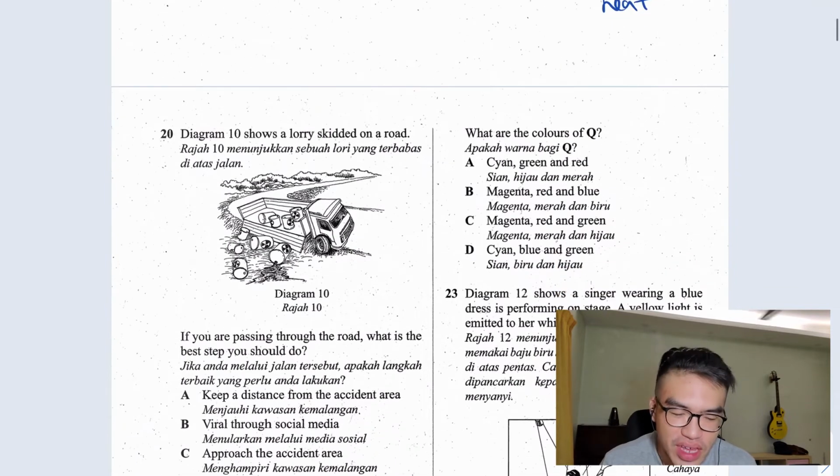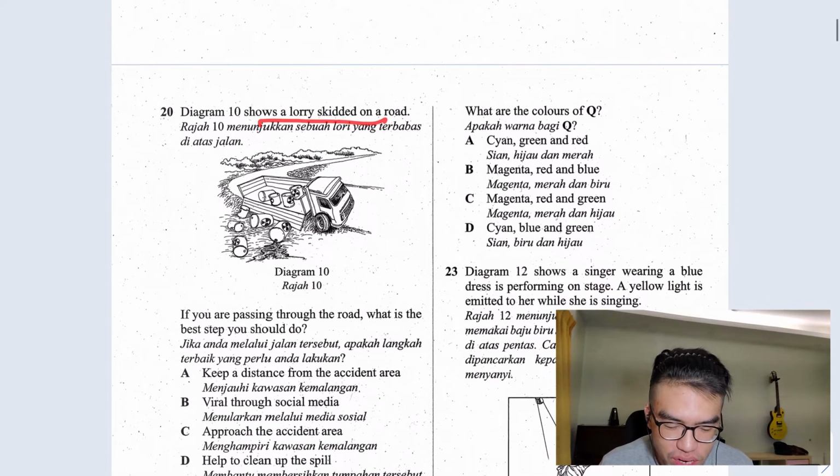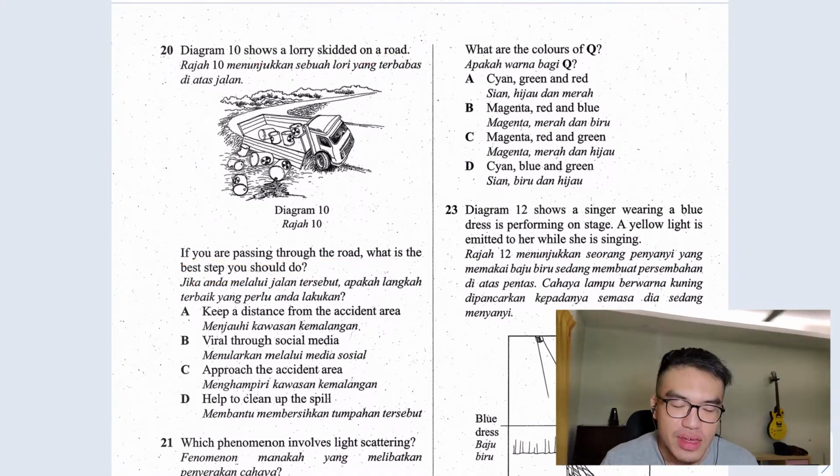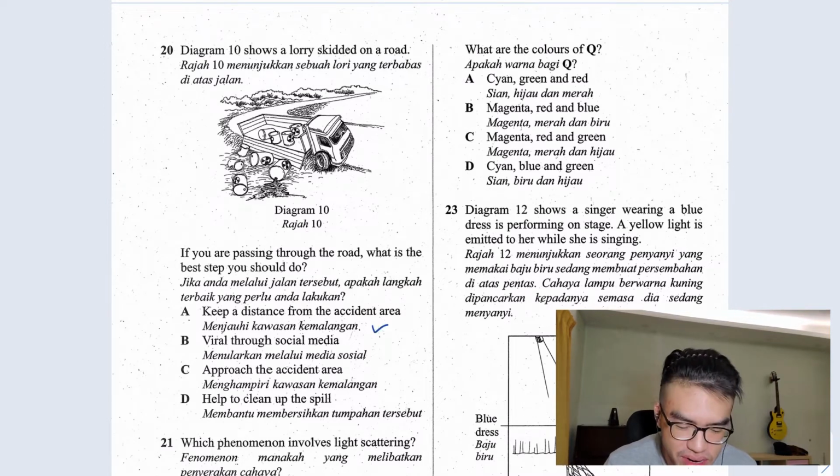Moving on. Question 20. This is a lorry skidded on a road. If you are passing through the road, what is the best step you should do? If you ask me, this is a very funny question, because keeping a distance from the accident area, yes, this is correct. Viral through social media, I would say this is neutral. Approach the accident area, I wouldn't say so.